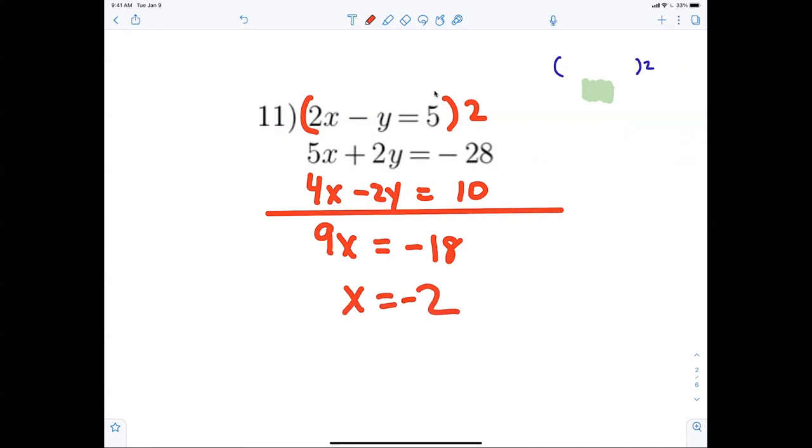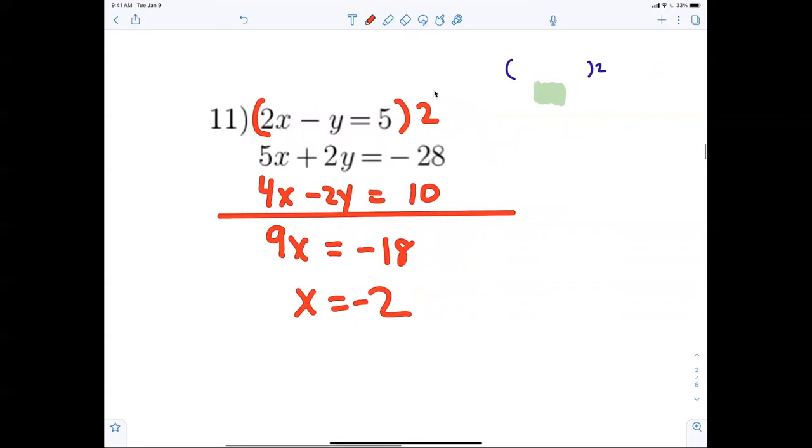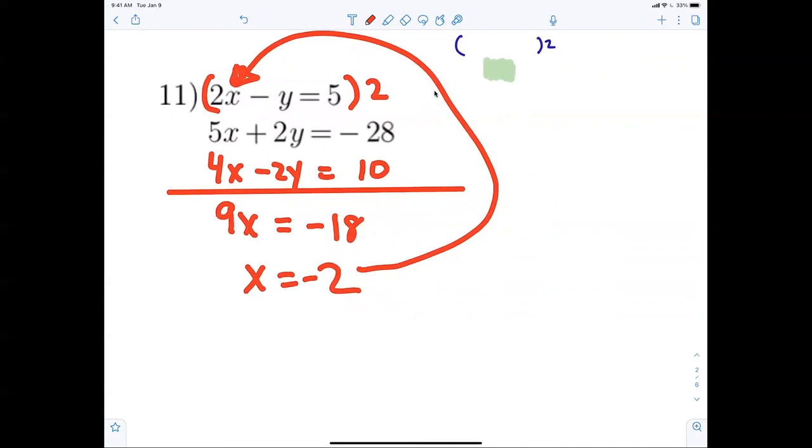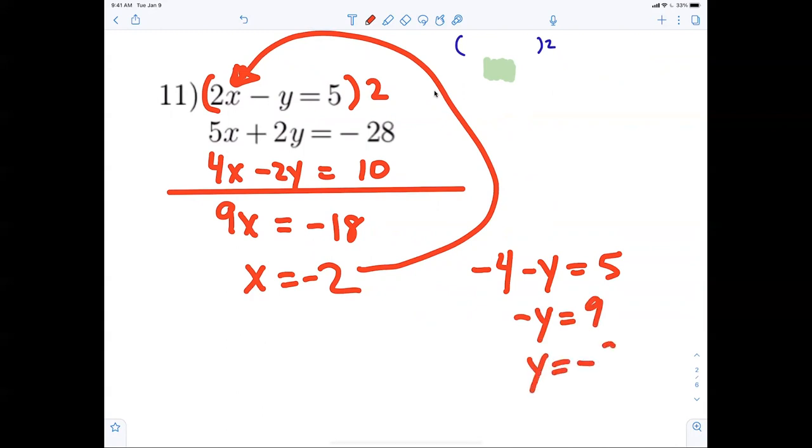Now that I have x equals negative 2, I just plug it in, right? Negative 4 minus y equals 5. So move the 4, negative y equals 9. So y equals negative 9. So my answer is negative 2, negative 9.